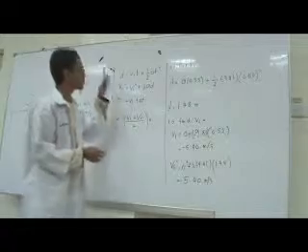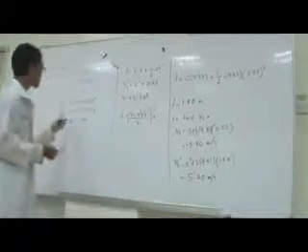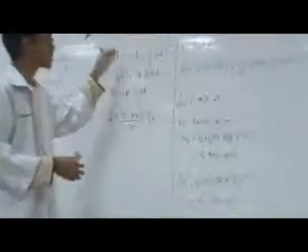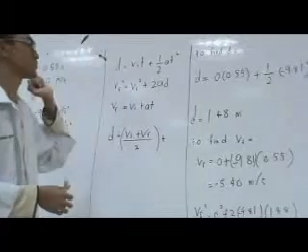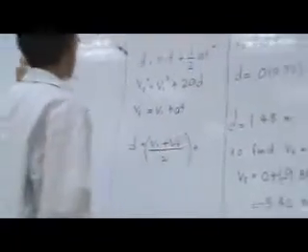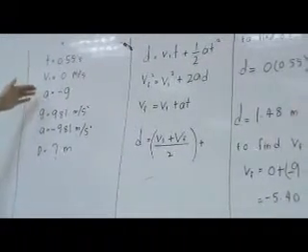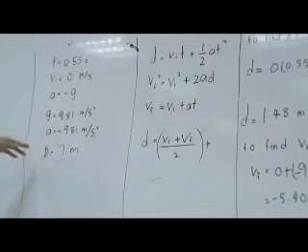Then we want to find the distance. To find the distance, we use this equation. We have time, initial velocity, and negative acceleration.